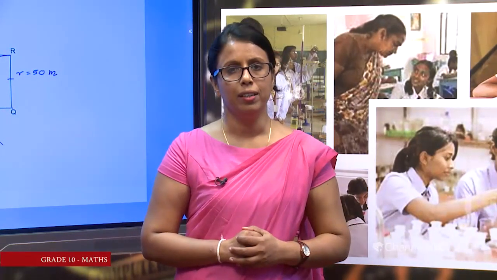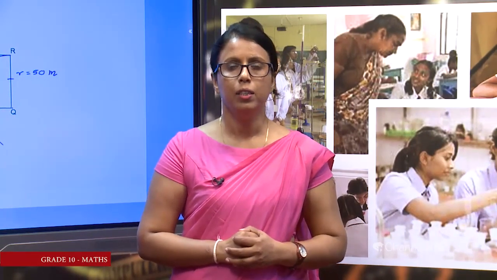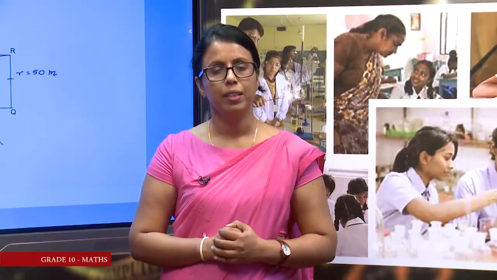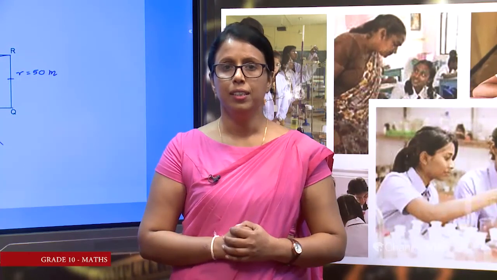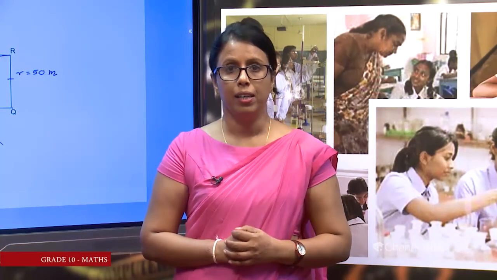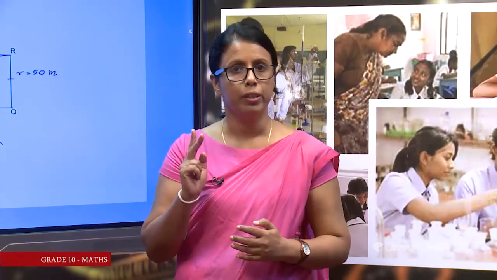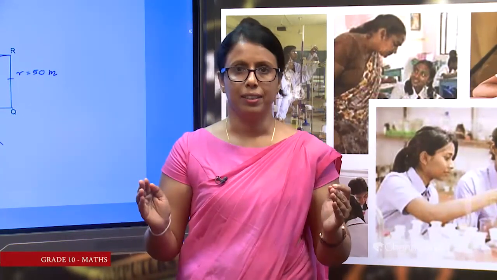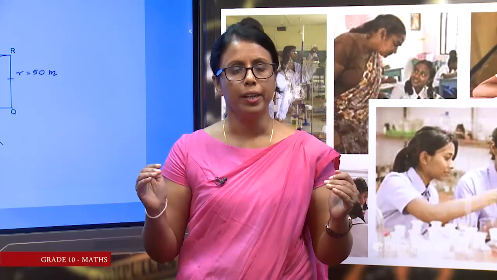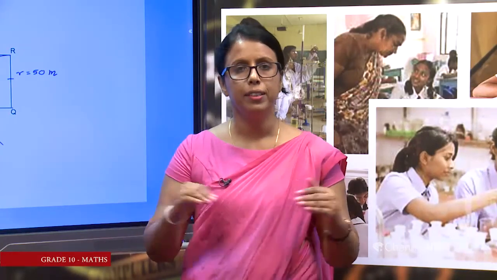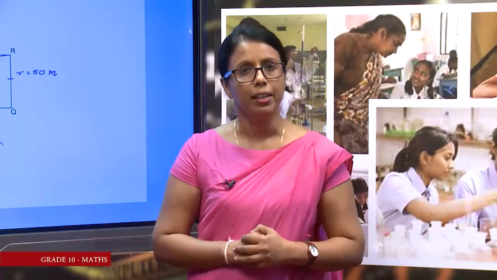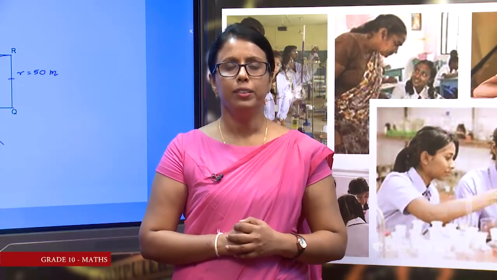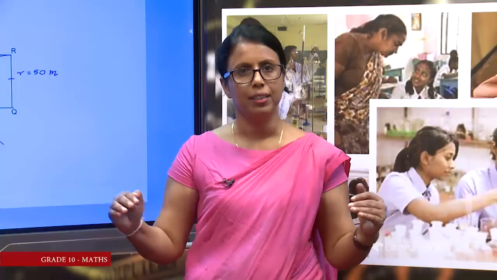Next we learned the third locus. What is the third locus? That is the parallel line. Not a point, not the 2 points, it's about a line. The locus of a point moving at constant distance from a line.